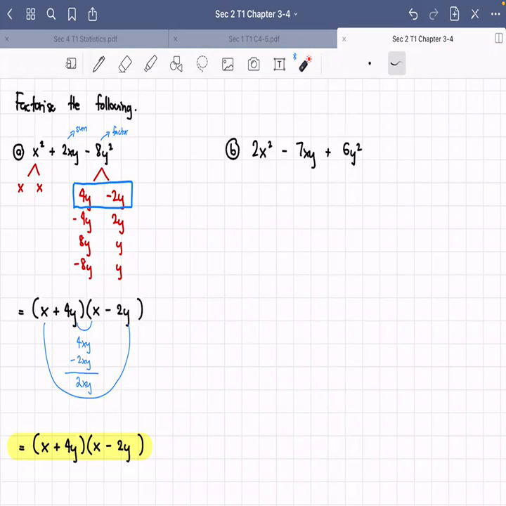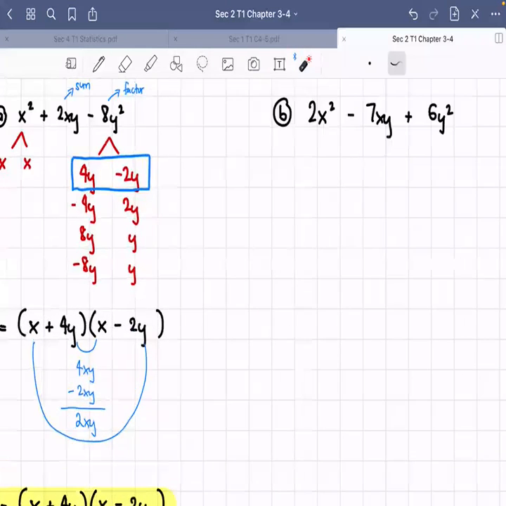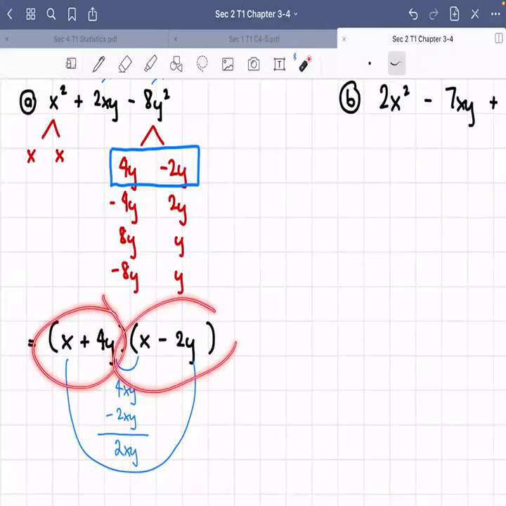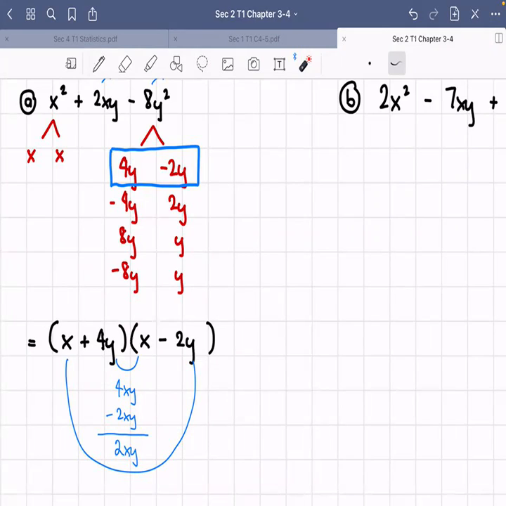Can negative 2y be on the left side and 4y on the right side? Yes, you can switch this. You'll still get the same answer. But don't switch the signs. 4y should always be positive and 2y should be negative. You can switch their sides, but the signs are what's important.